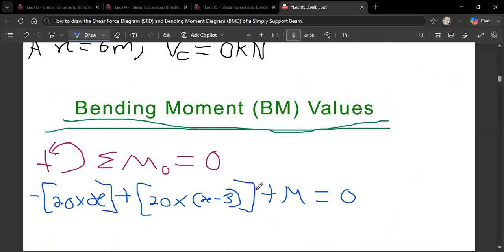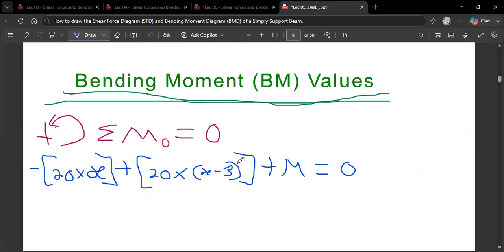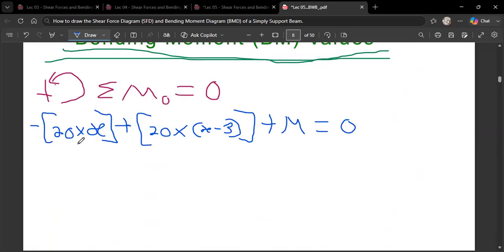Okay. So from here, what are we going to do? This means that 20 times x is going to give us minus 20x. Okay. Plus what? This time this is still going to give us the same thing.